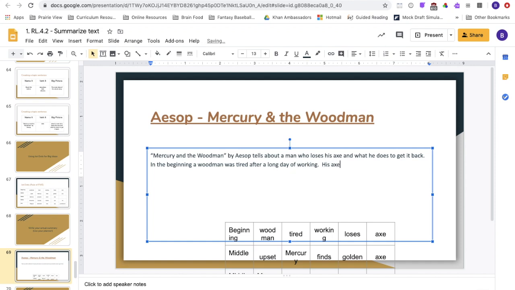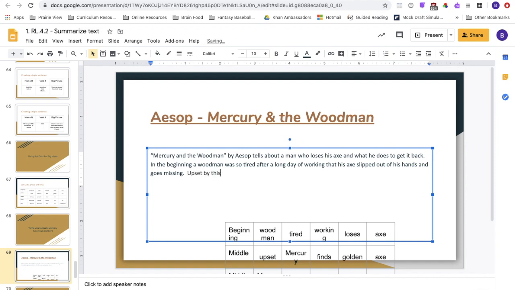His axe was so tired after a long day of working that his axe slipped out of his hands and goes missing.